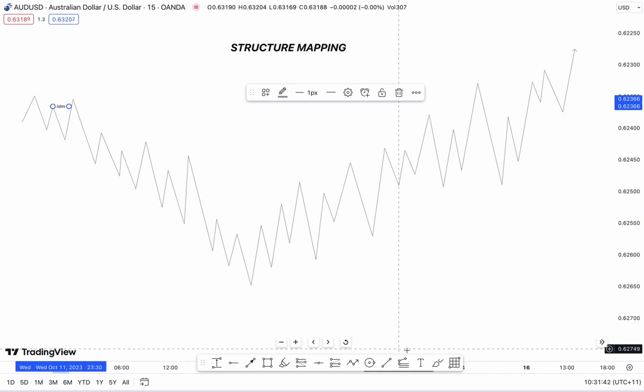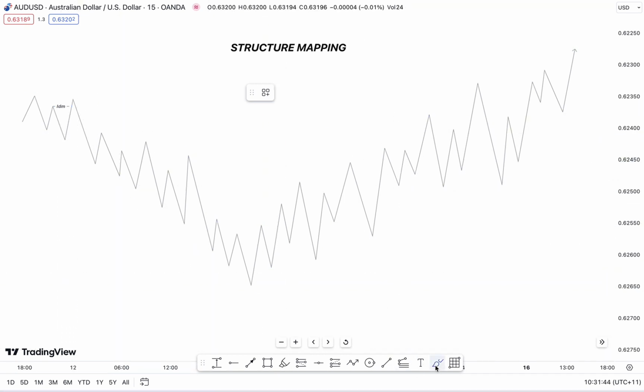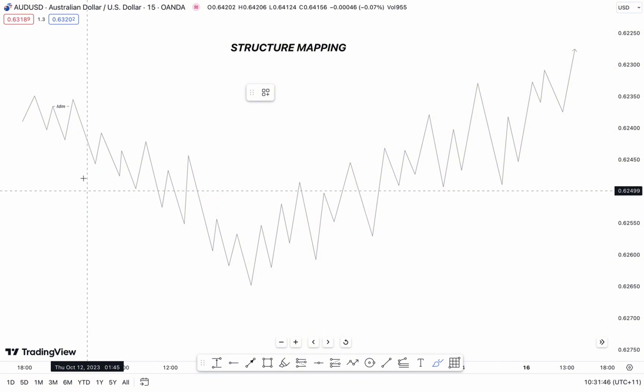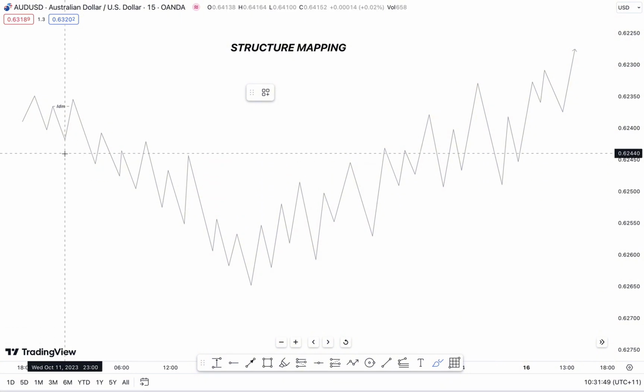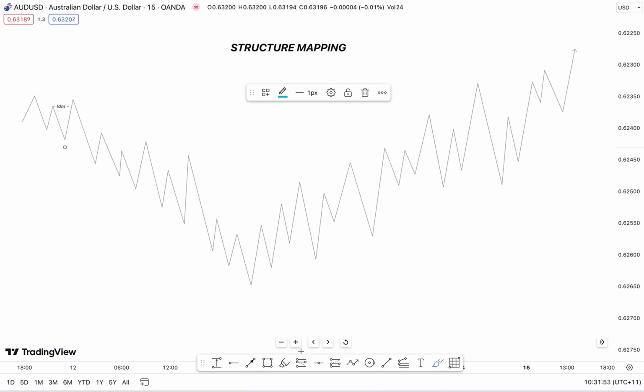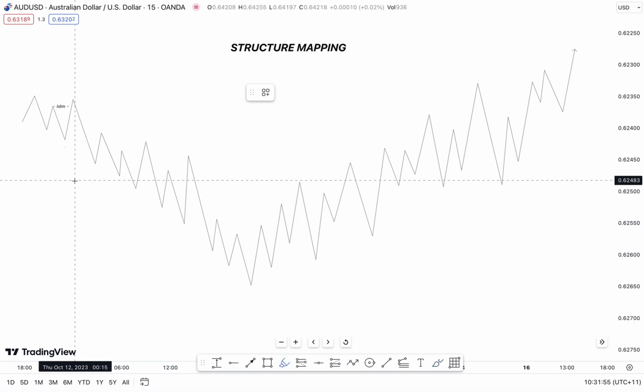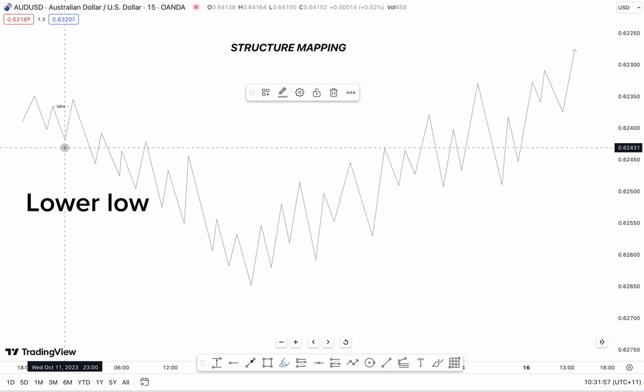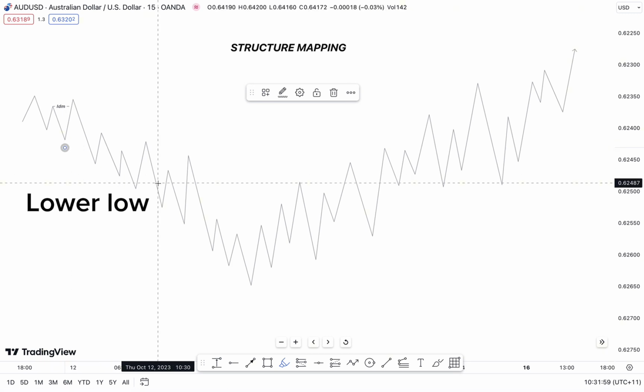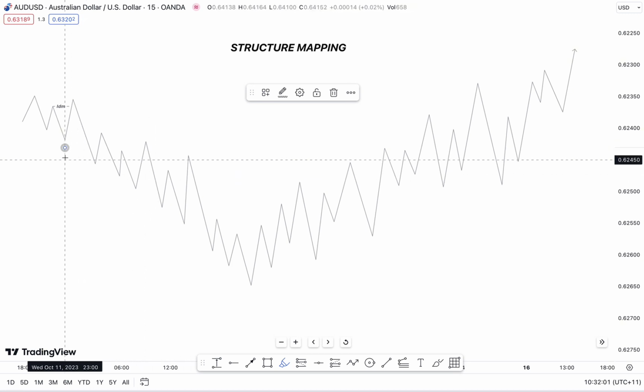what happens? Here automatically becomes your lower high. You map here as your lower low automatically.